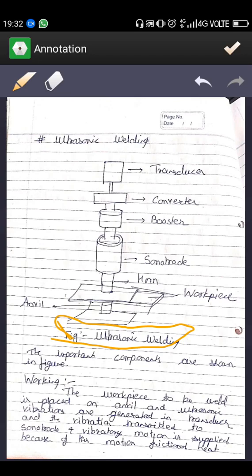Its important components are the transducer, converter, booster, sonotrode, and horn, which applies vibrations with frequency on the workpiece which is to be welded or joined.